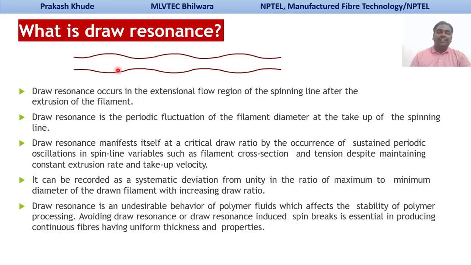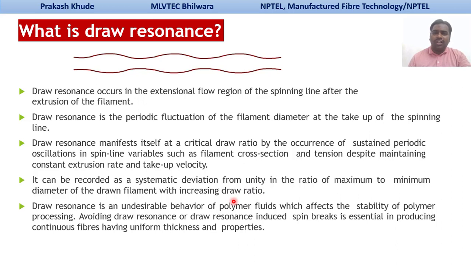It manifests itself at a critical draw ratio by the occurrence of substantial periodic oscillation in spin line variables, such as filament cross section and tension, despite maintaining the extrusion rate and takeoff velocity. It can be recorded as the systematic deviation from unity in the ratio of maximum to minimum diameter of the drawn filament with increasing draw ratio.